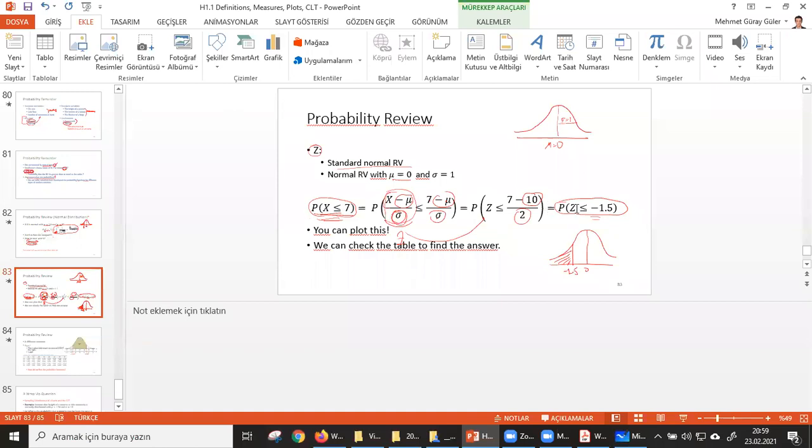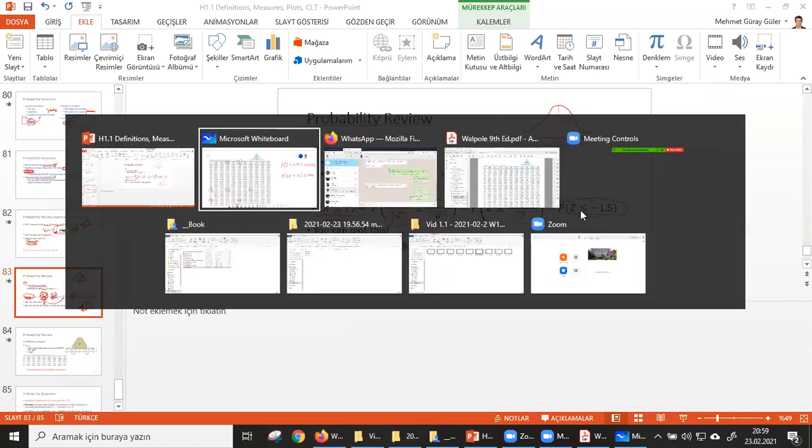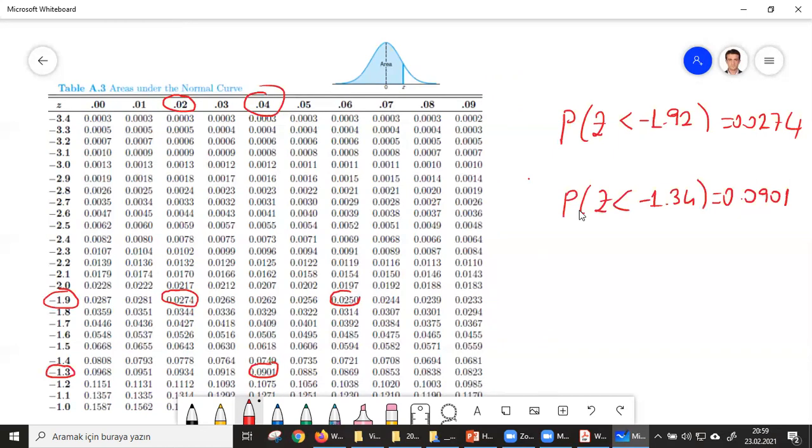Okay, so how to find the probability that we have in the question? What is the probability that Z is smaller than minus 1.5? Minus 1.5 is just here, minus 1.50 in fact. So that's equal to 0.0668. So the probability that Z is smaller than minus 1.5 is 0.0668.